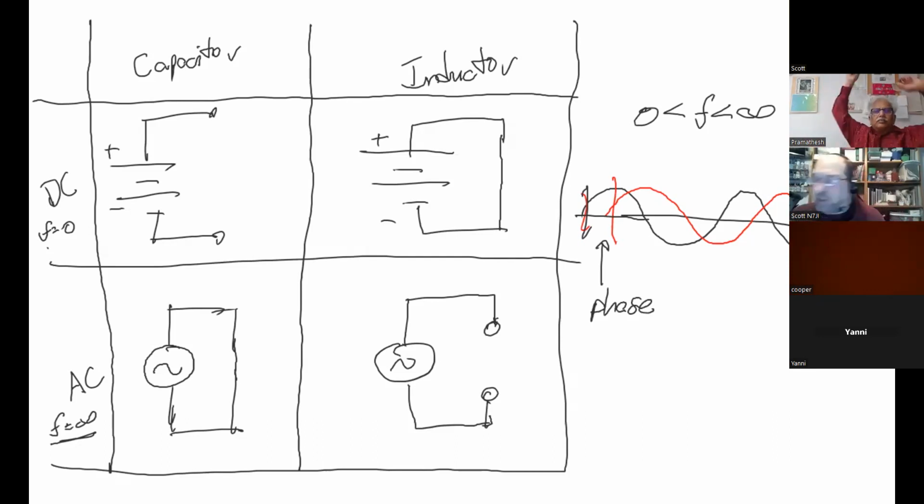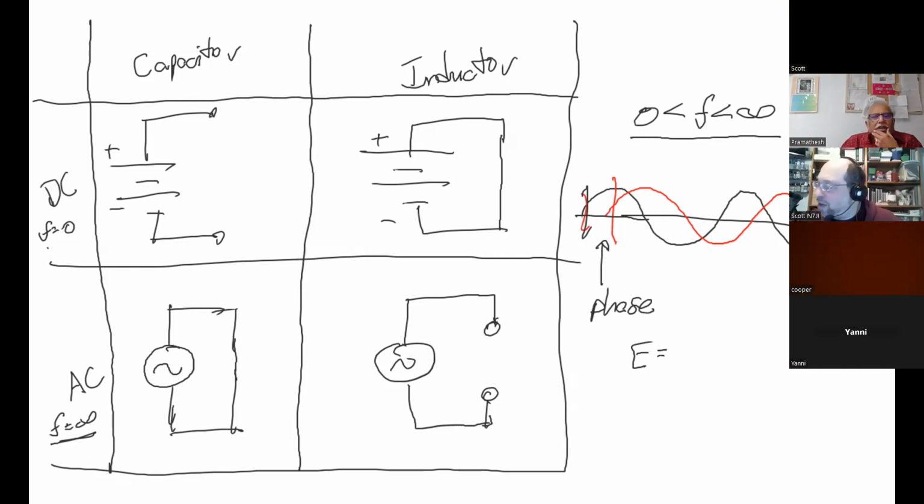Well, as it turns out, capacitors and inductors, in addition to having impedance that depends on frequency, also generate something called a phase shift. So Ohm's law again is equal to what? Somebody give me Ohm's law.